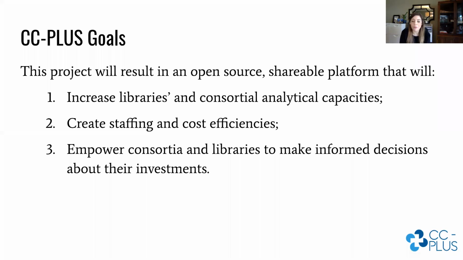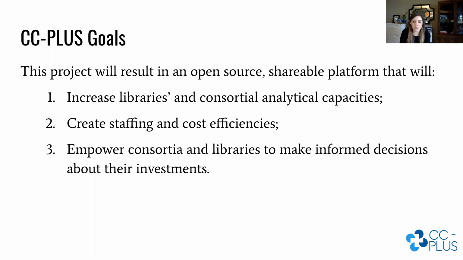And then thirdly, we were hoping to empower consortia and libraries to make informed decisions about their investments. And this is, of course, probably the most important one in terms of being able to make an impact over the long term. We wanted to be better stewards of our funds, to be able to provide information about our investments back to our member institutions, as well as use it for negotiation purposes as we go out and acquire electronic resources.